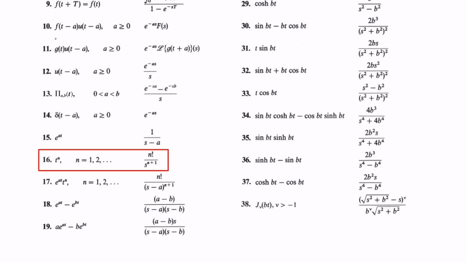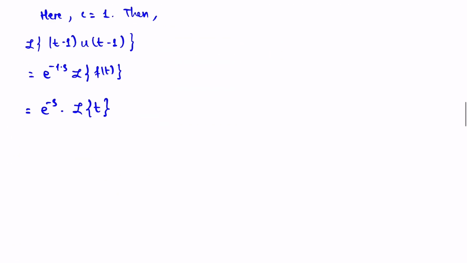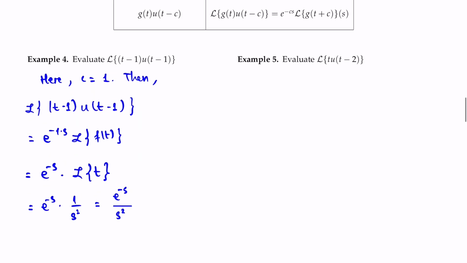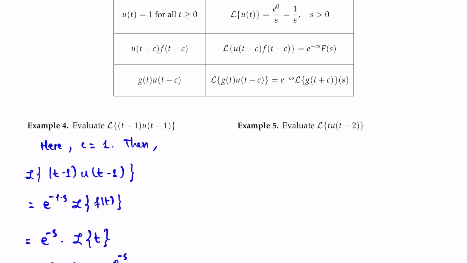Together, the Laplace transform of t is equal to 1 over s squared. So this is e to the negative s times 1 over s squared. That is the answer, or you can write e to the negative s divided by s squared. Any questions on this? Not yet. Okay, good. Now we're going to move on to example 5.